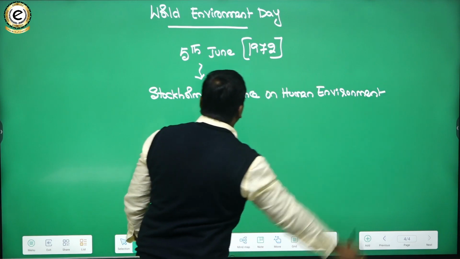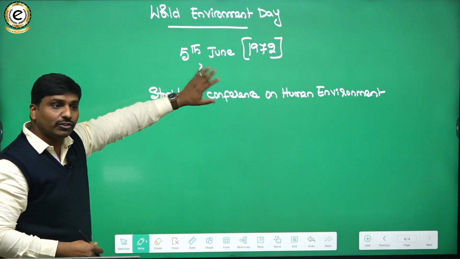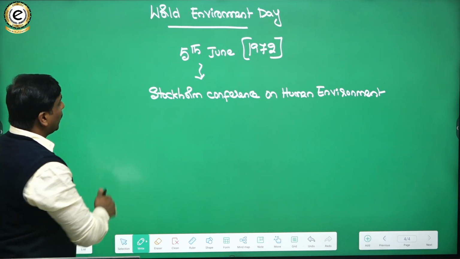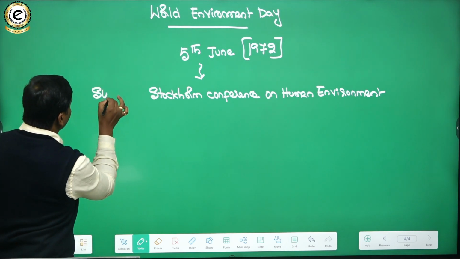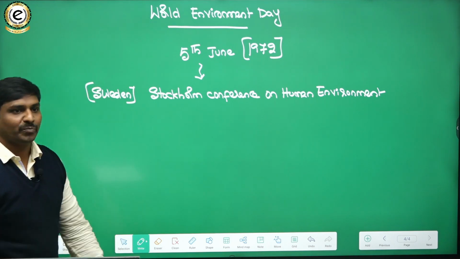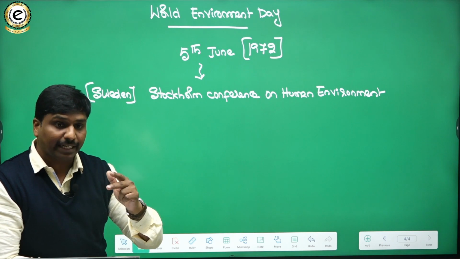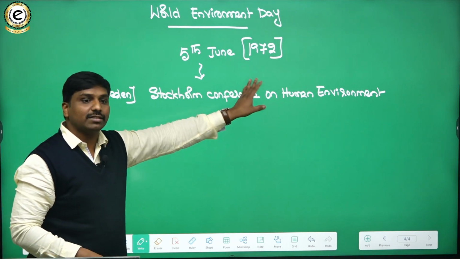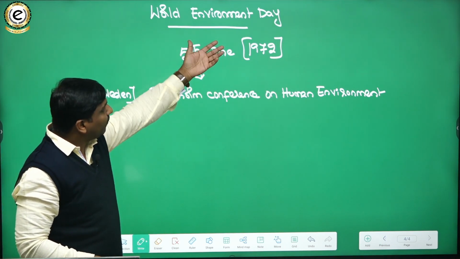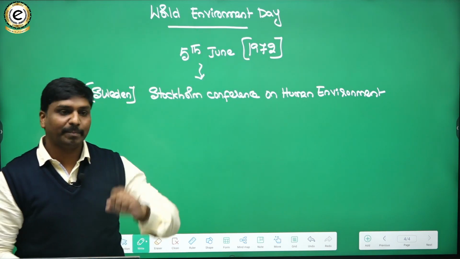This conference was held in 1972 on 5th June in Stockholm, a place in Sweden. In order to commemorate the first meeting of the Stockholm Conference on Human Environment, 5th June has been declared as World Environment Day. So you remember that one.